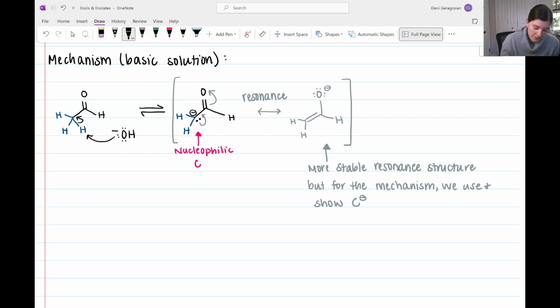Now, if we have abundant aldehydes and we have the enolate, again, we're doing the mechanism, so showing negative charge on that carbon. I'm not showing the hydrogens here just to keep it simple. We just said this is a nucleophilic carbon.